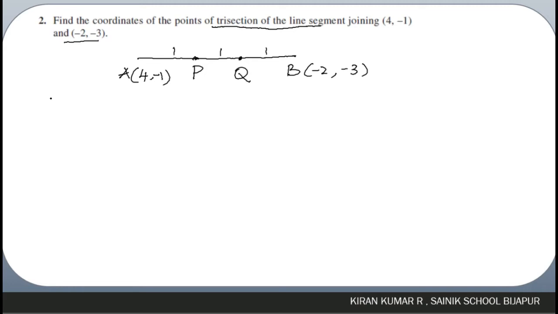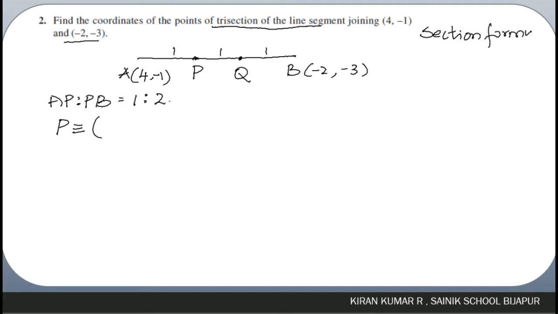If I use AP is to PB, I get 1:2. The coordinates of the point P is given by, let me write the formula here, the section formula.